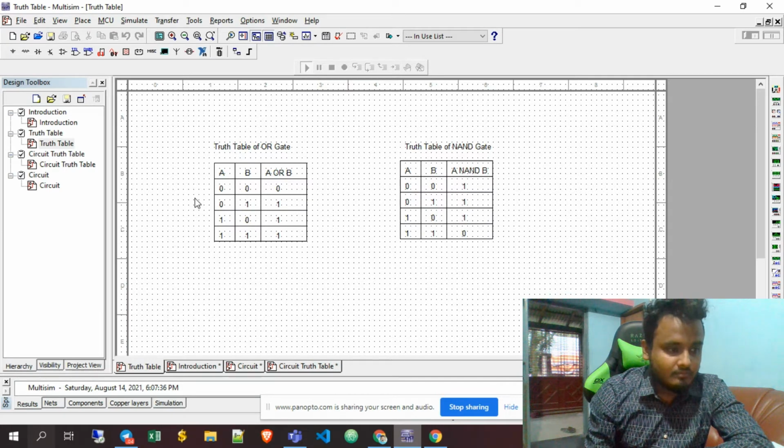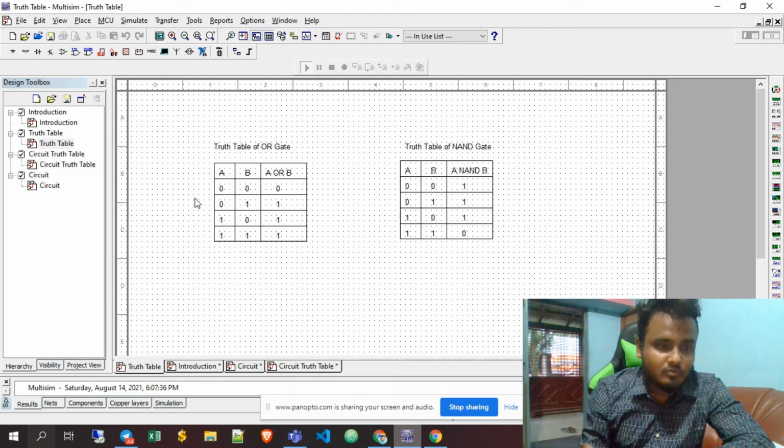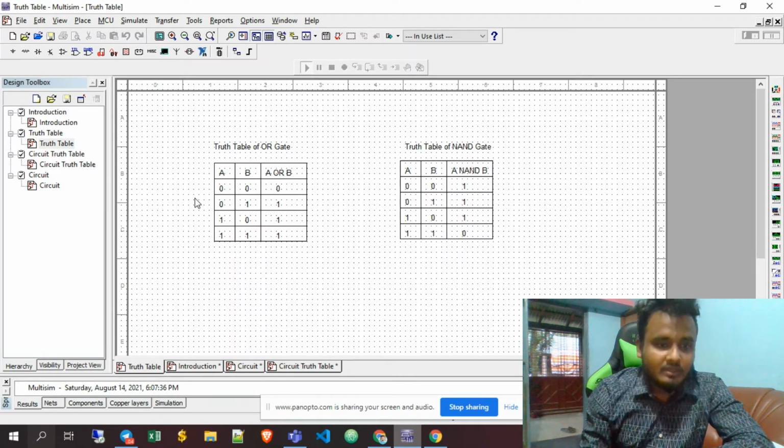So the OR gate gets its name from the fact that it behaves after the fashion of the logical inclusive OR. The output is true if either or both of the inputs are true. If both inputs are false, then the output is false.